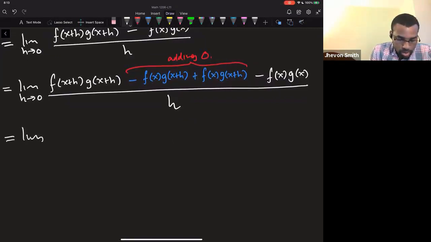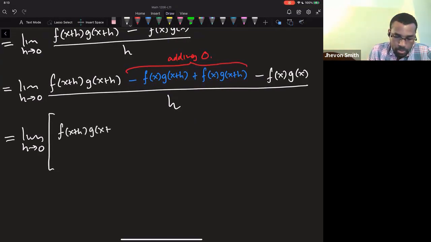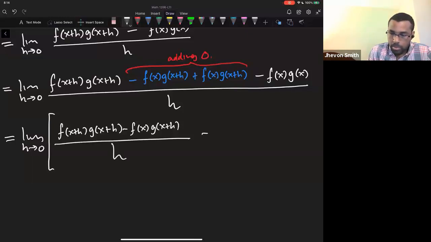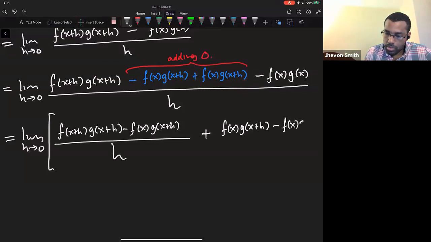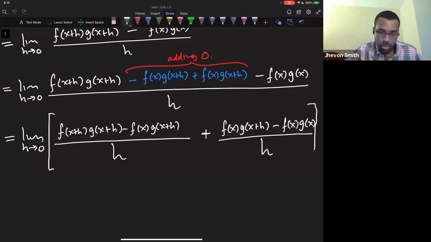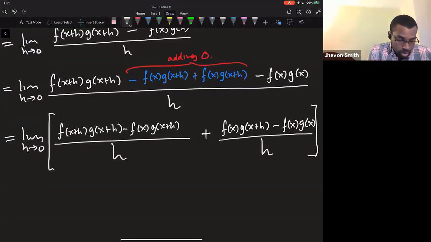However, it is going to be convenient. How so? Well, I'm going to split this into 2 fractions. Now you're going to realize something.